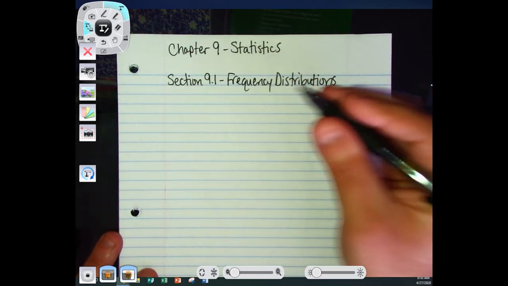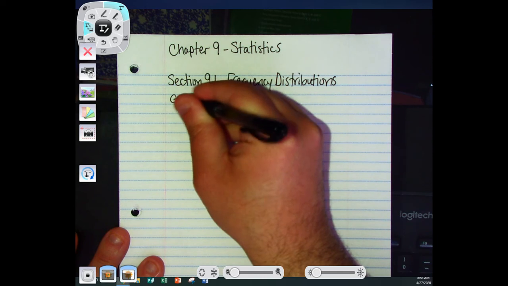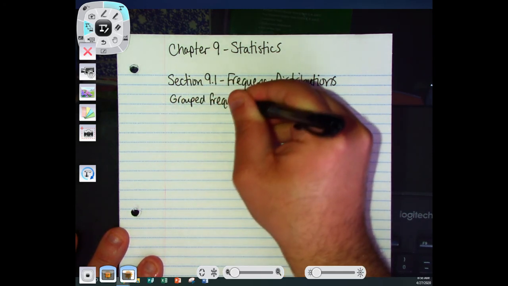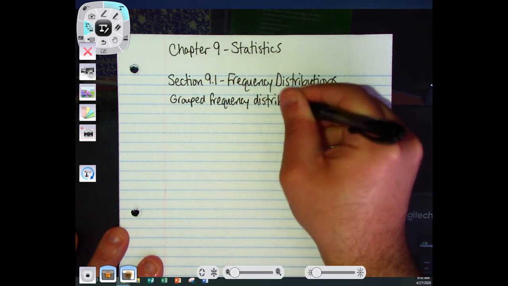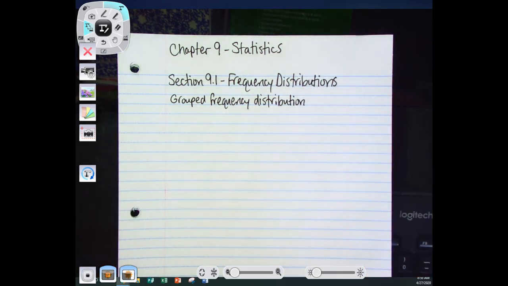When you make a tally table, essentially you are making what's called a grouped frequency distribution. A grouped frequency distribution is a table that has 3 columns. One column represents what you're sampling, the second column includes a tally, and the third column includes the frequency, the number of times from the tallies.